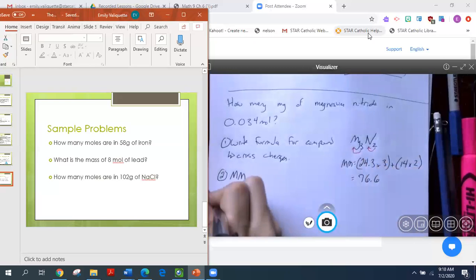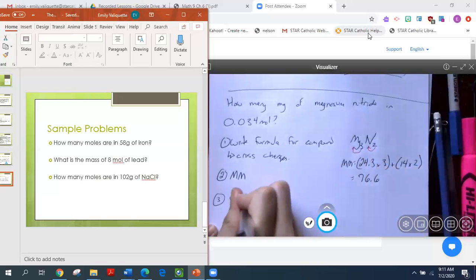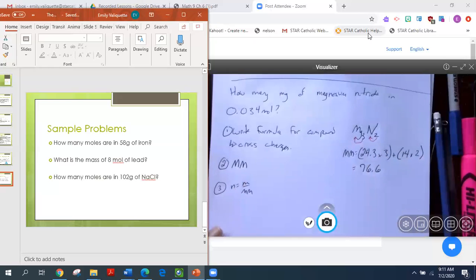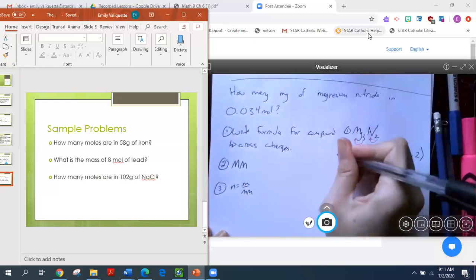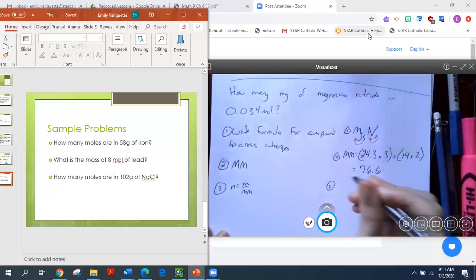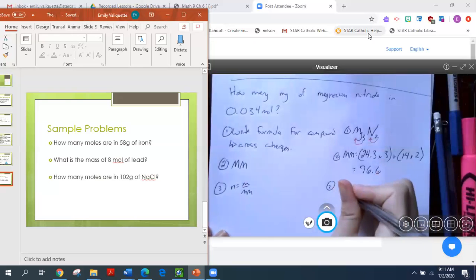Our next step is, of course, to use the moles equals mass over molar mass formula. So that was step 1, step 2, step 3. Moles equals mass over molar mass.